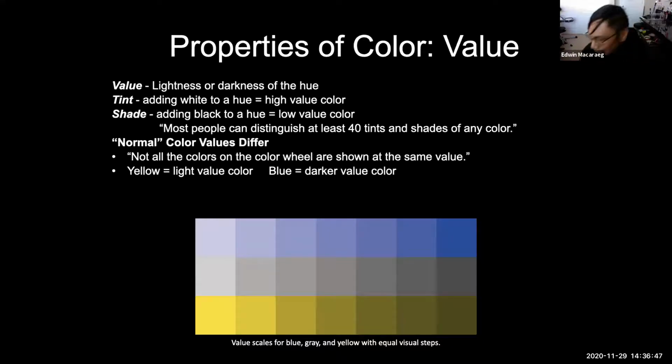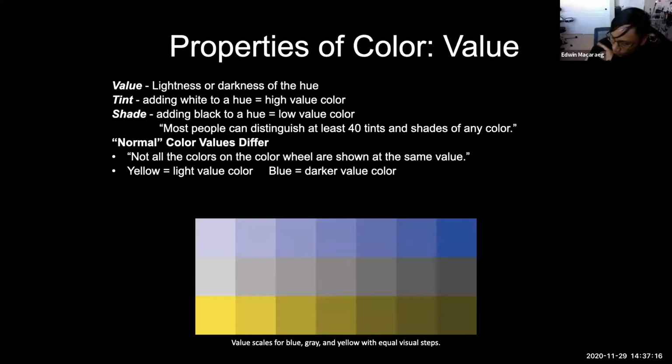Okay, and I'm not sure if hue is mentioned here yet, but hue is basically the color of the color that can be found on the spectrum of all the colors. So it is wherever that particular color is located on, say, the color wheel. That's what a hue is. When we talk about value, we're talking about the lightness or the darkness of that particular hue.